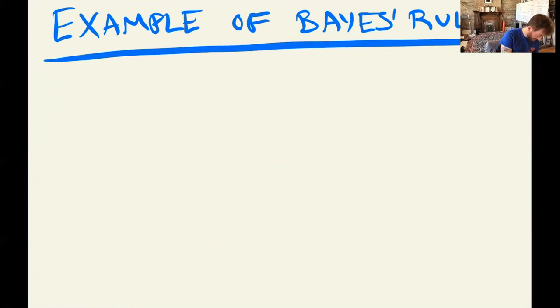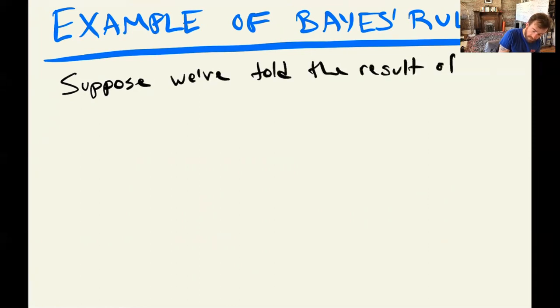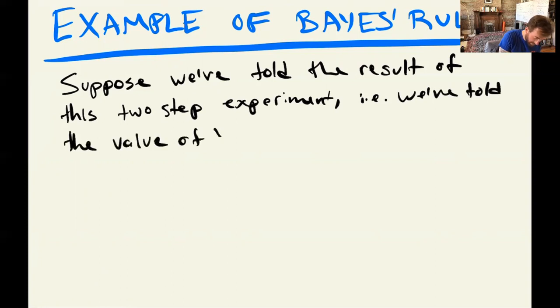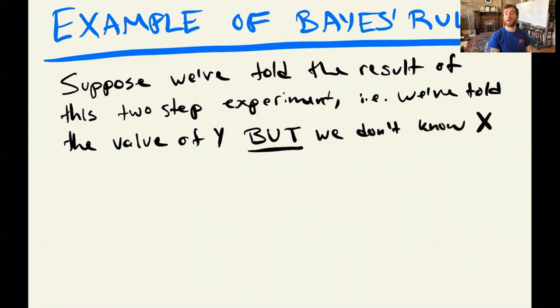Suppose we're told the result of this two-step experiment, i.e., we are told the value of Y, but we don't know the value of X. How can we use the information about Y to inform us about what happened in the first stage of this experiment?